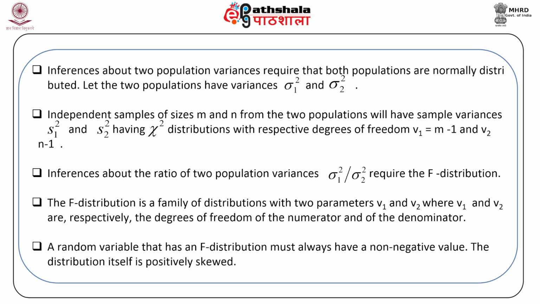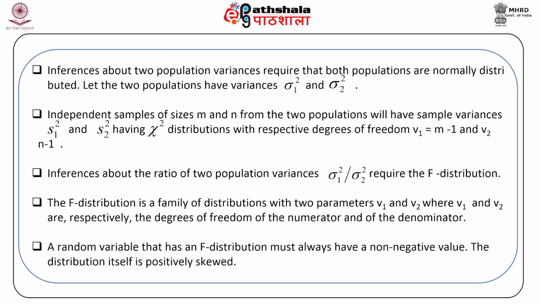Independent samples of sizes m and n from the two populations will have sample variances S1 square and S2 square having chi-square distributions with respective degrees of freedom nu1 equal to m minus 1 and nu2 equal to n minus 1.